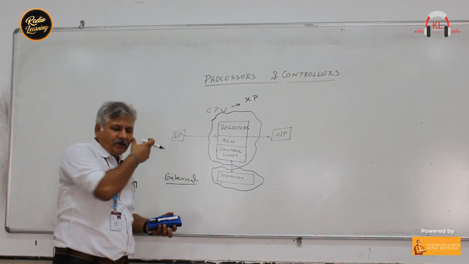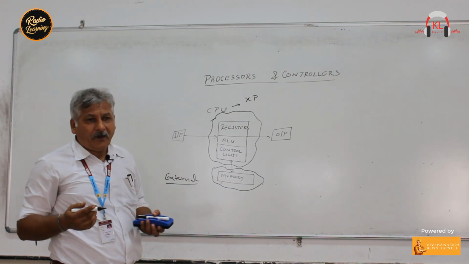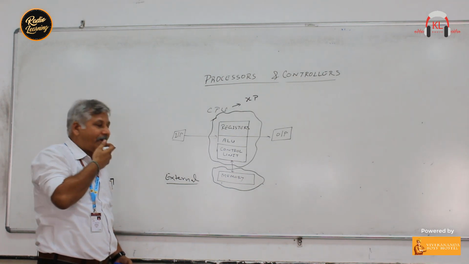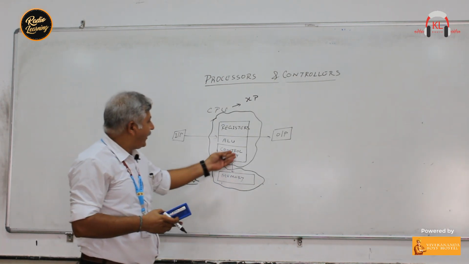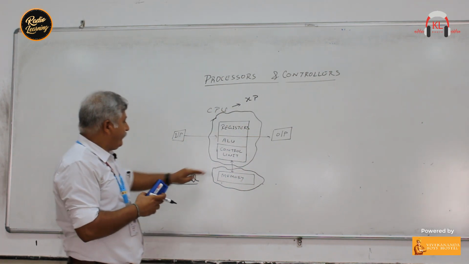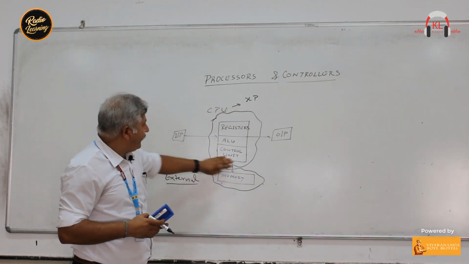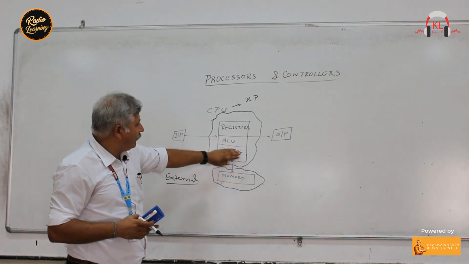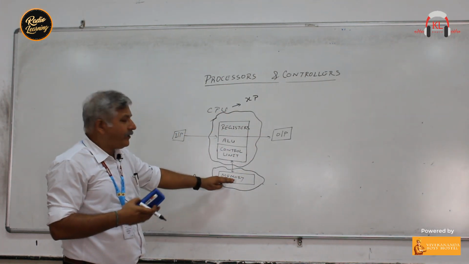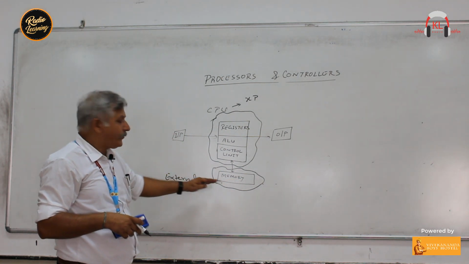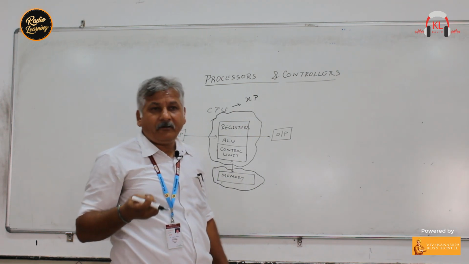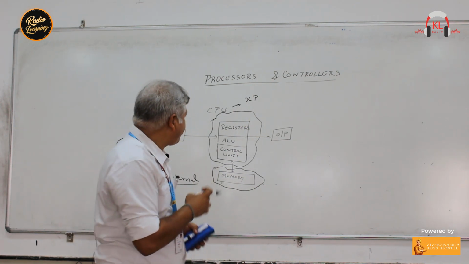And apart from this, we have some more components like timer and other devices like interrupt controller. All those things are external to this processor, right? So in the processor, we only have register, ALU, and control unit on one single integrated circuit, and the remaining things like memory and interrupt controller are the external part, right?